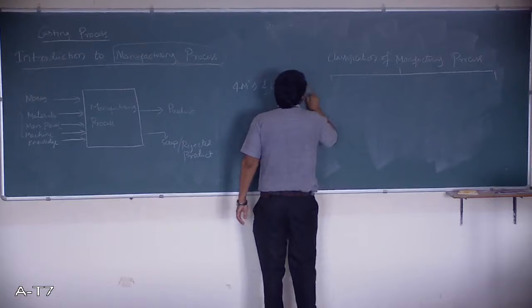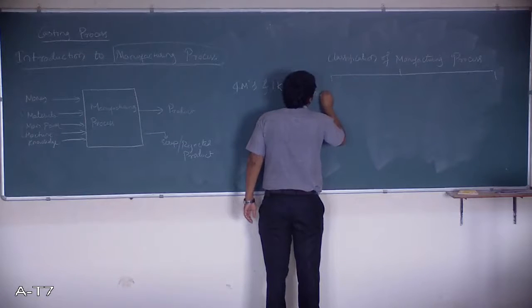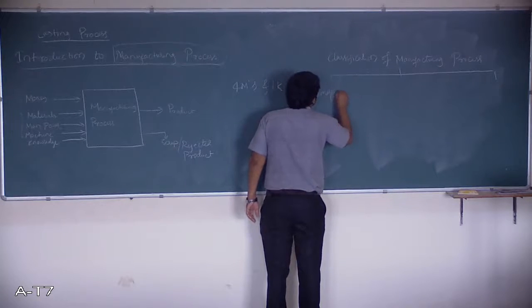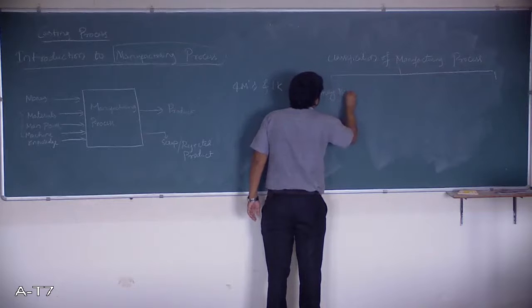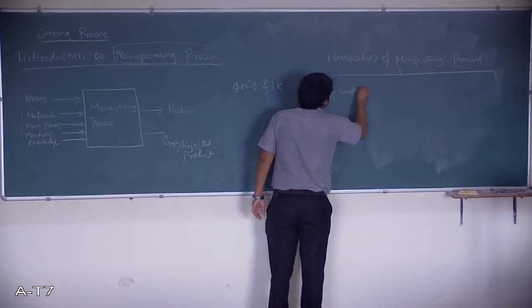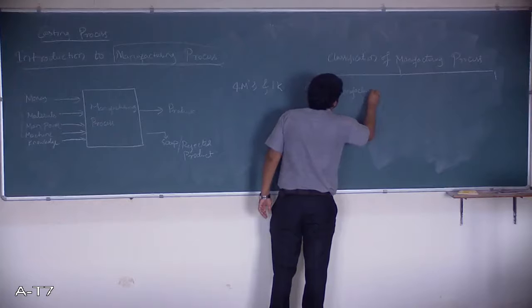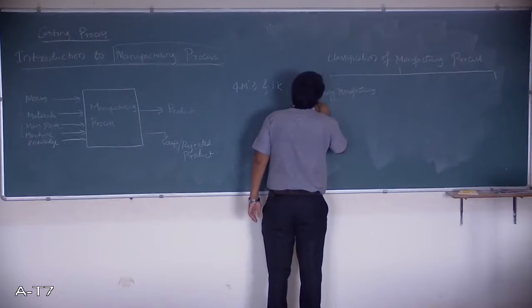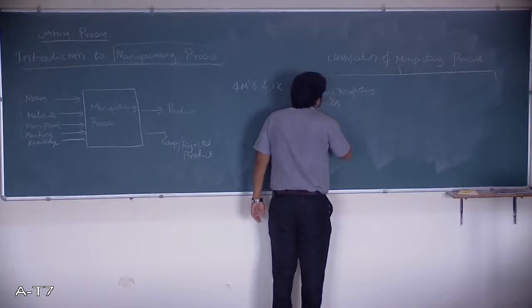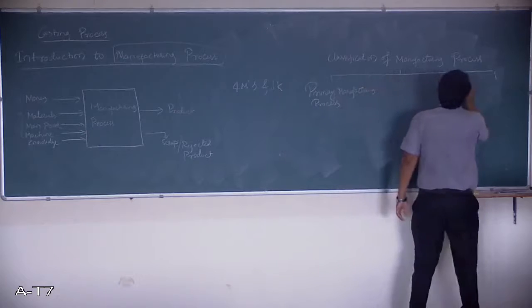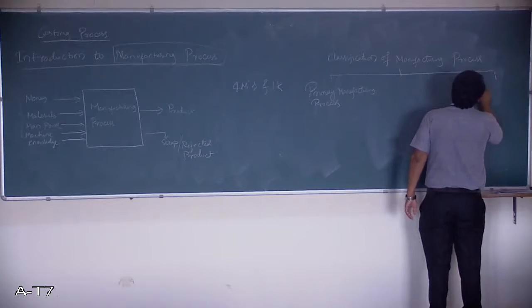One is primary manufacturing process, another one is secondary manufacturing process.